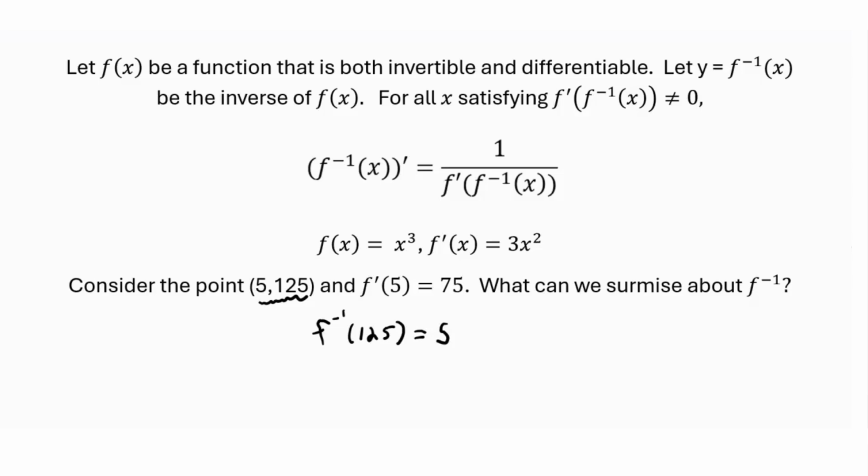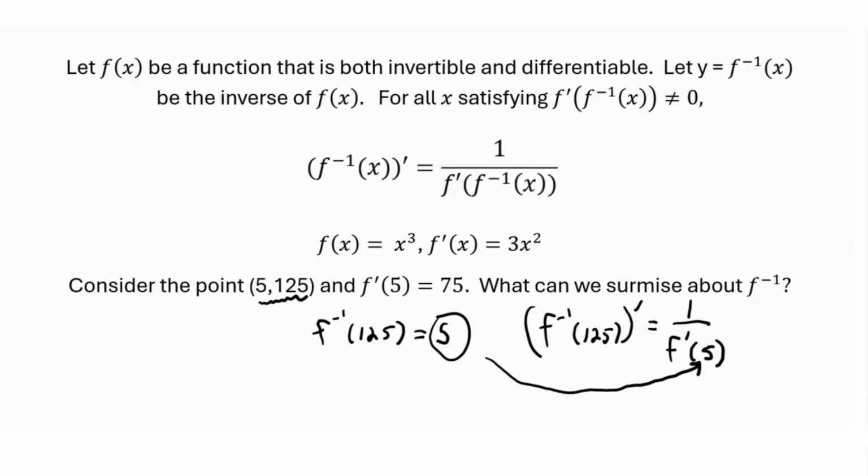So in general, the derivative of the inverse at 125 would equal 1 over f prime of 5, because our output value of 125 is being plugged into the derivative here. So we'd get 1 over f prime of 5, which is 1 over 75.